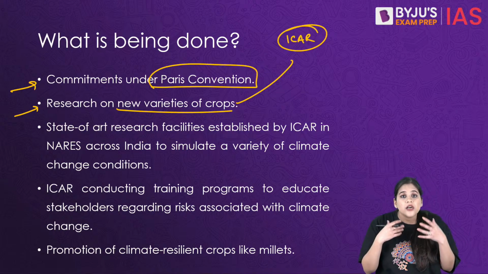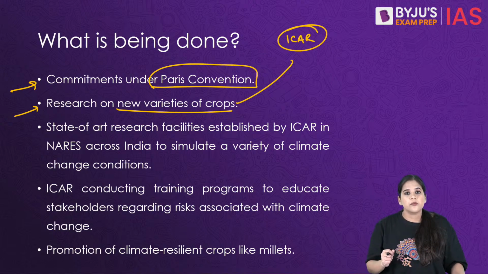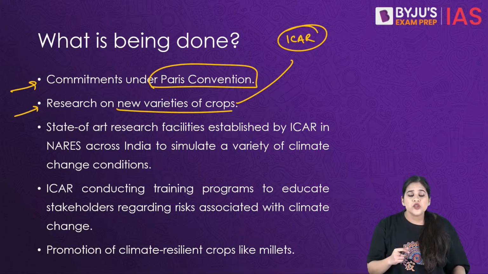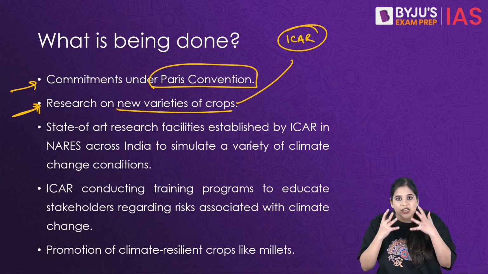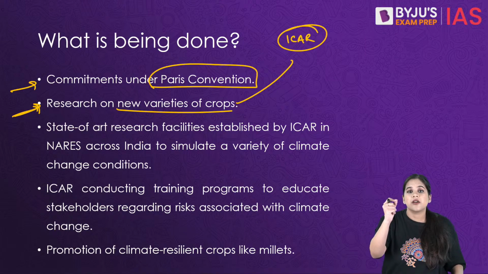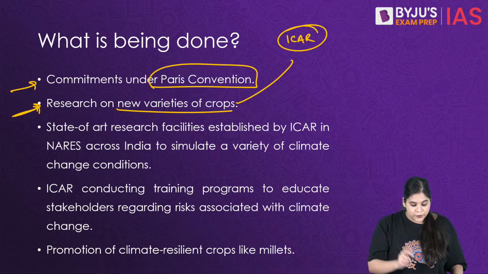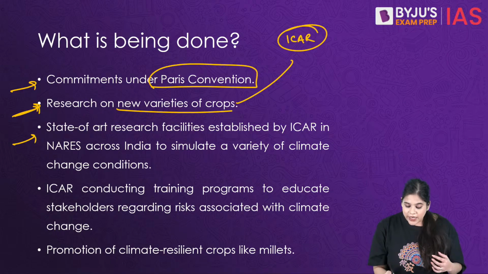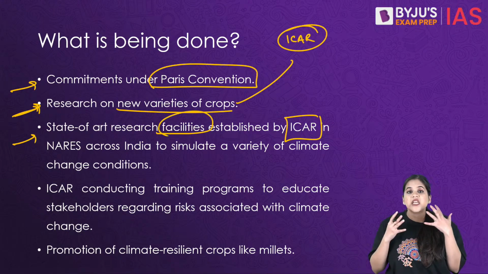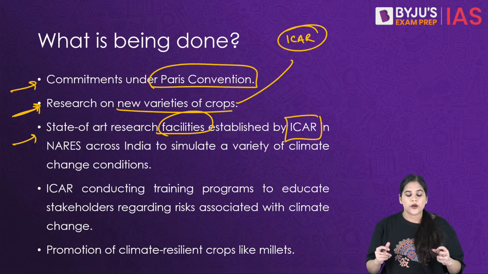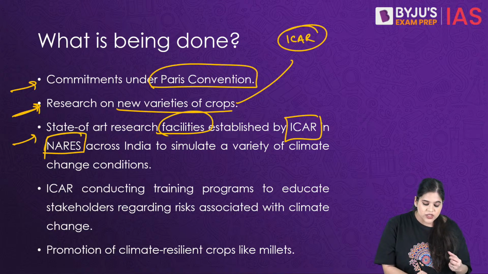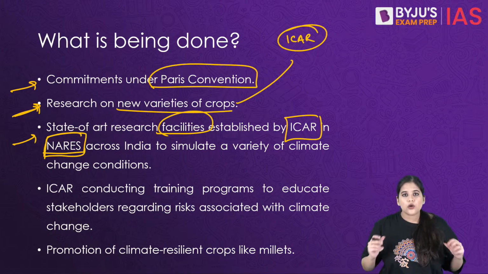Moreover, other early maturing varieties are also being produced. In northeast regions, special rice varieties are being produced. So there is a lot of research going on for producing more climate resilient varieties of crops. Moreover, ICAR has established many research facilities all across the country in the National Agricultural Research and Education System.